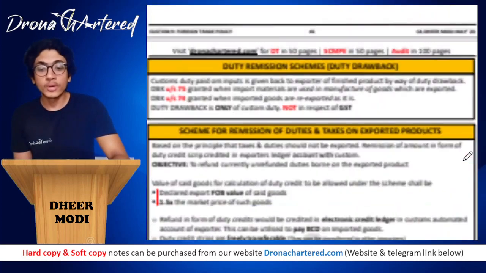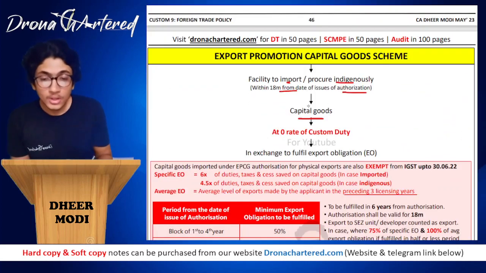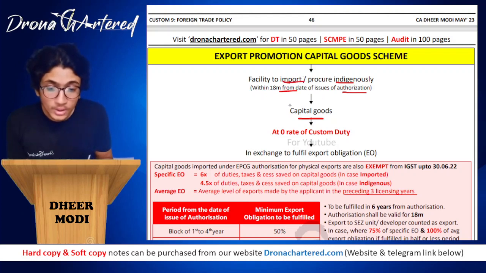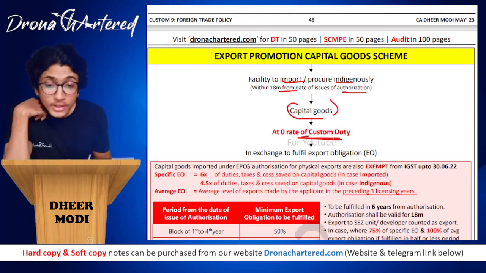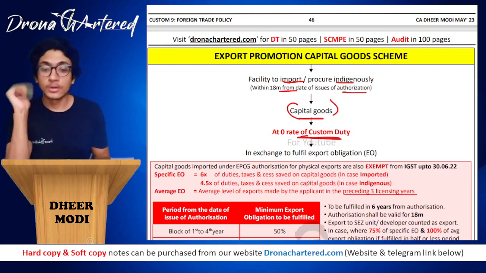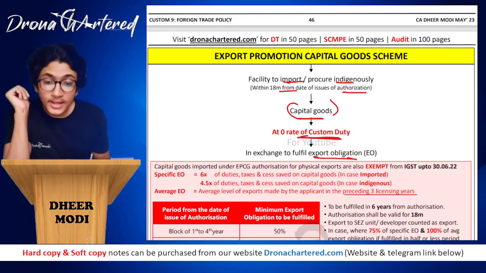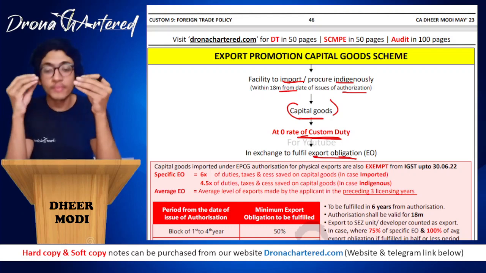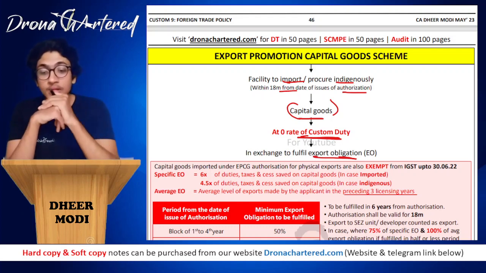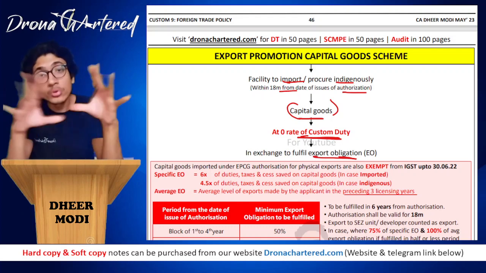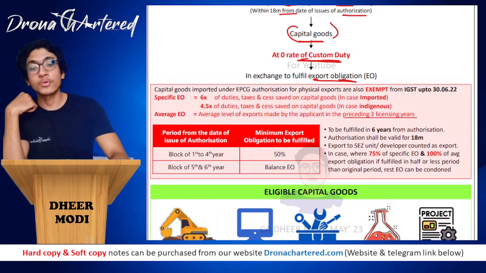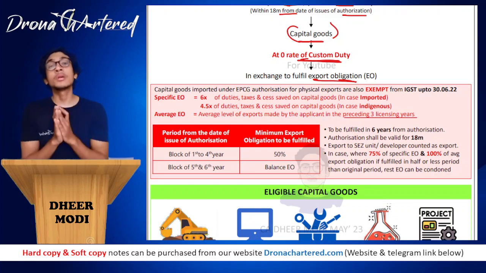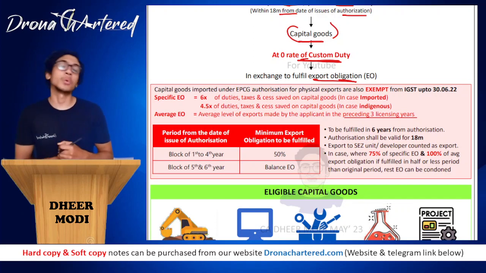Now what are we doing? We are doing this to import capital goods at zero rate of customs duty, in exchange for fulfilling export obligations. Only provided you fulfill the export obligations, you do not have to pay any customs duty on import of capital goods, because of course when you import capital goods, you will be producing goods out of it and exporting them outside India.